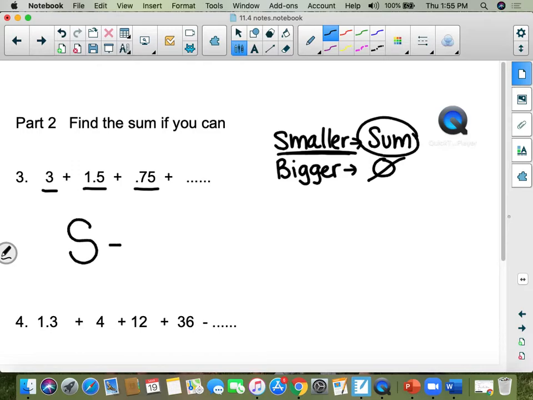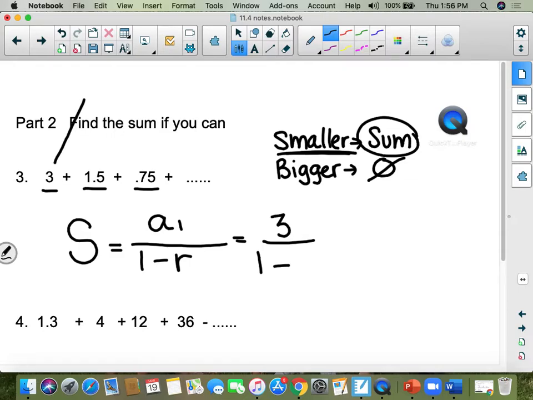Sum equals first term divided by 1 minus r. That is it. First term, 3. 1 minus, we have to find the ratio. A divided by B, that's how you find the ratio. The one after divided by the one before.